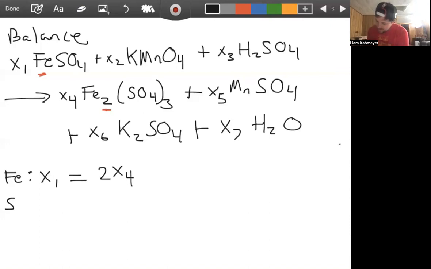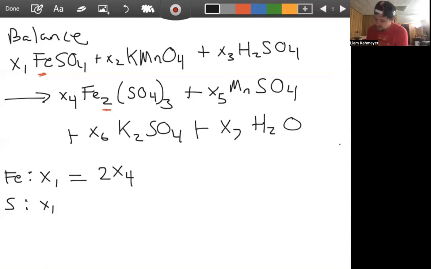So here we have S, which is sulfur or sulfate or something. Off the top of my head, I don't remember. But anyway, here we have 1 S in the first term, none in the second.